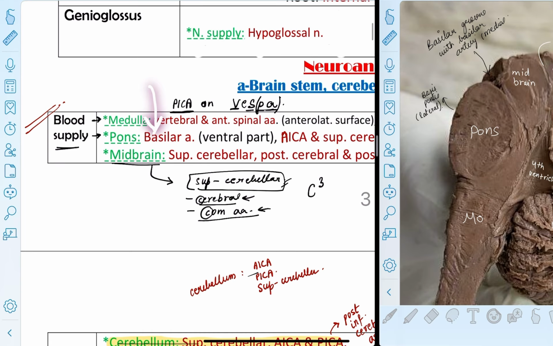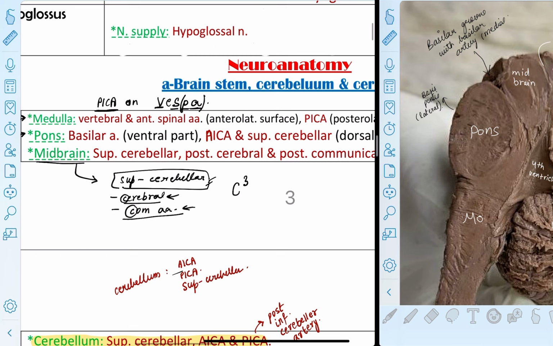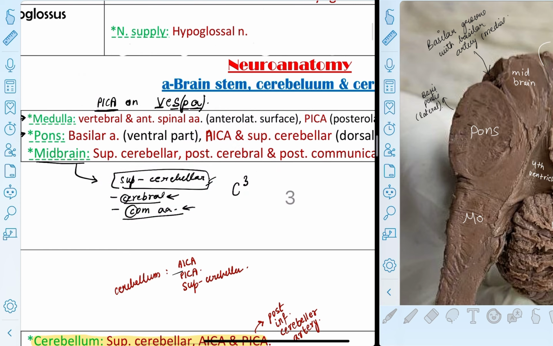They're too much in love to not be spoken about together. And then AICA. Also, you can remember this the same way you remembered vertebral, that the basilar artery gives rise to AICA. And superior, maybe not superior cerebral artery, but I'm sure that the basilar artery gives rise to AICA.